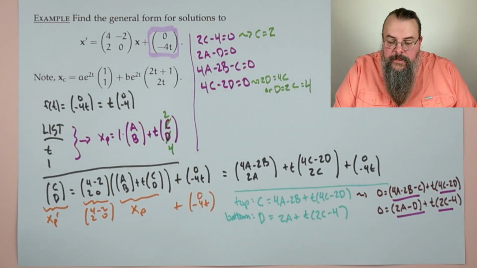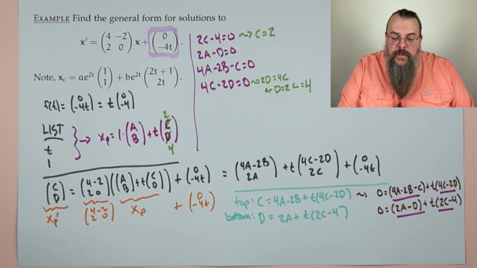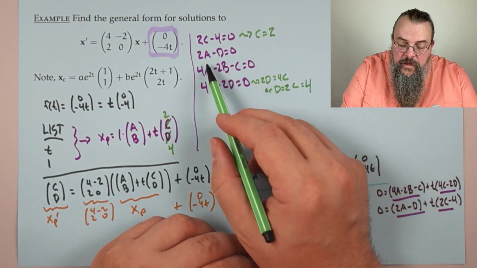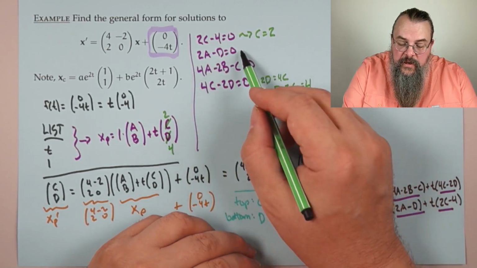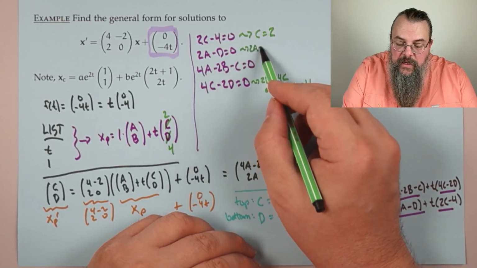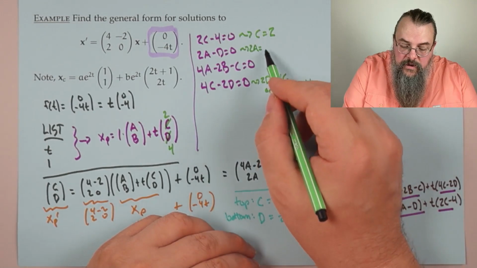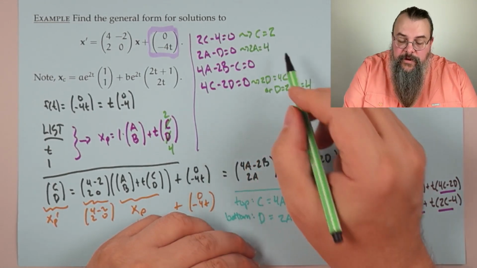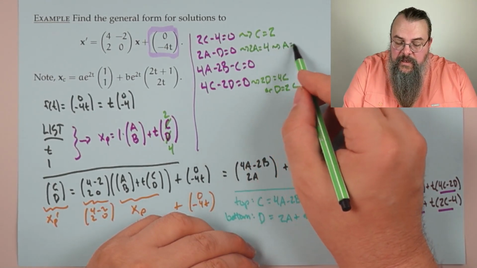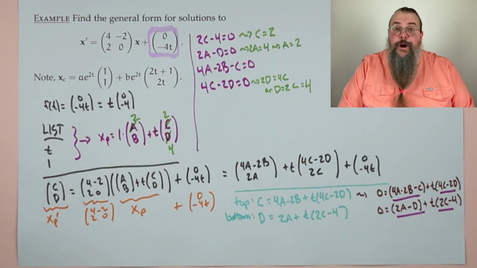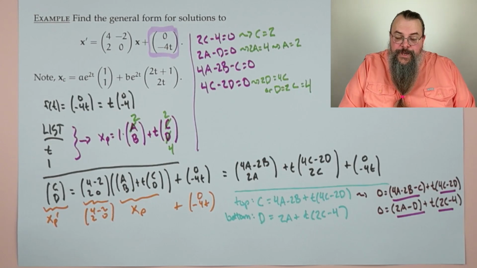What else? Well, since we know those terms, we can say d is 2a. So we can say 2a is equal to 4, because d is 4. What does that tell us? Well, that tells us that a is 2. Great! We're almost done. What don't we know?